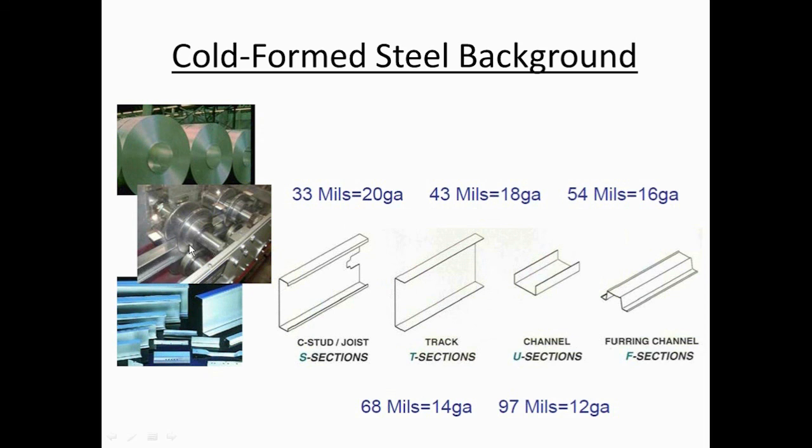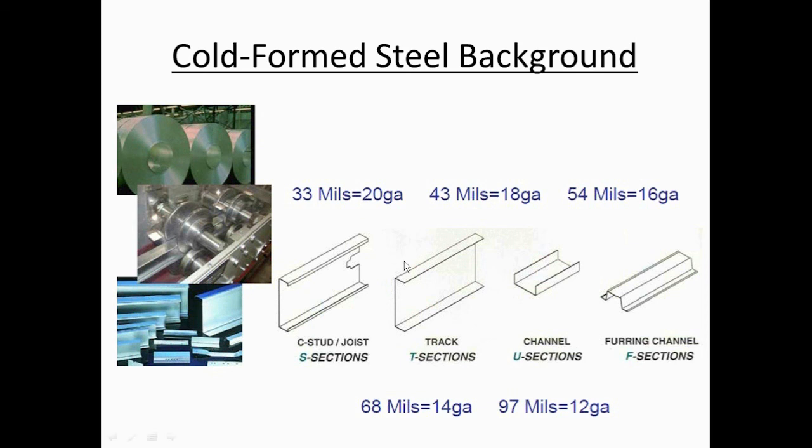It goes through a series of rollers and dies that gently form and bend that steel into the desired profile, which you can see here, starting with joists, down to studs, resilient channels, Z-girts, hat channels, angles, and accessories that are used in the construction industry.